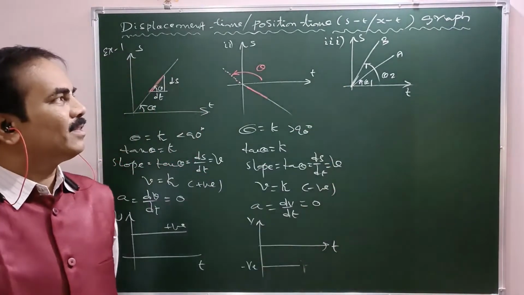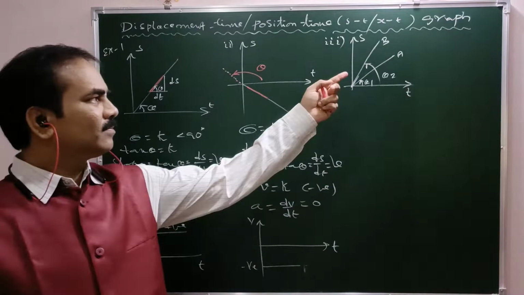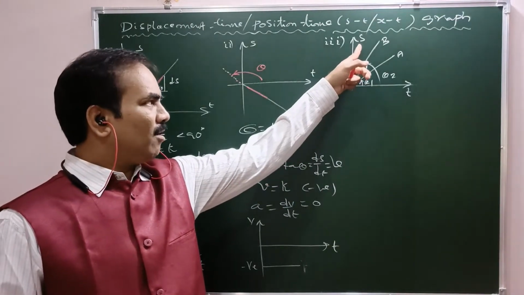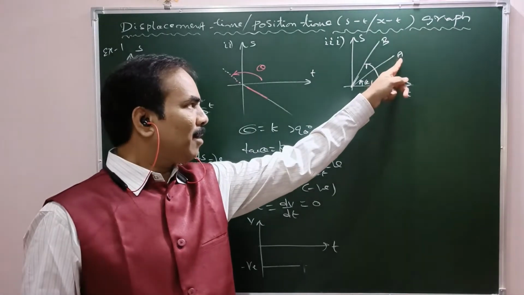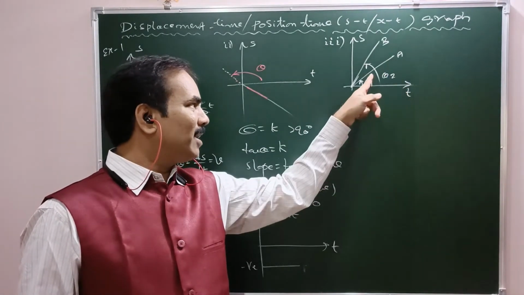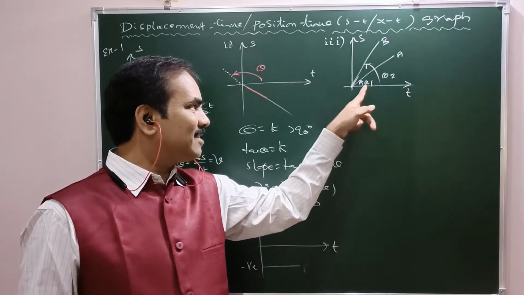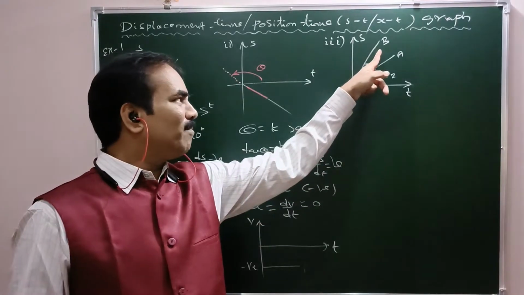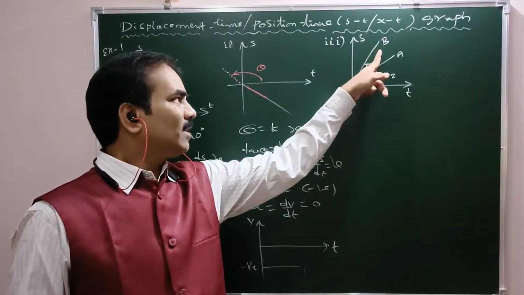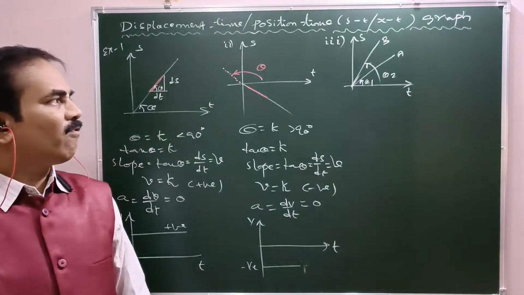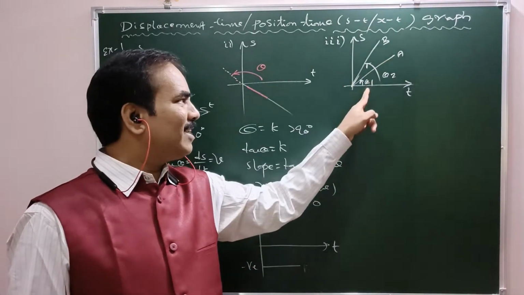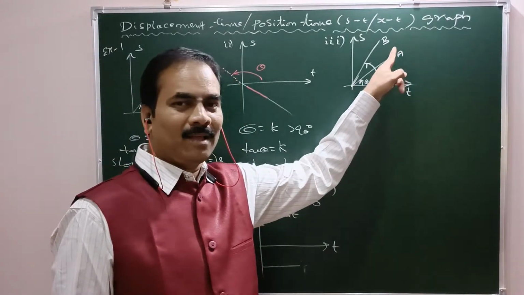Now let us see the third example. Here, a graph is drawn for two particles. See the comparison. For particle A, what is the angle made by the straight line with the time axis? That is theta 1. What is the angle made by the st graph with the time axis for particle B? That is theta 2. Of course, as far as A is concerned, theta 1 is constant all along its length.